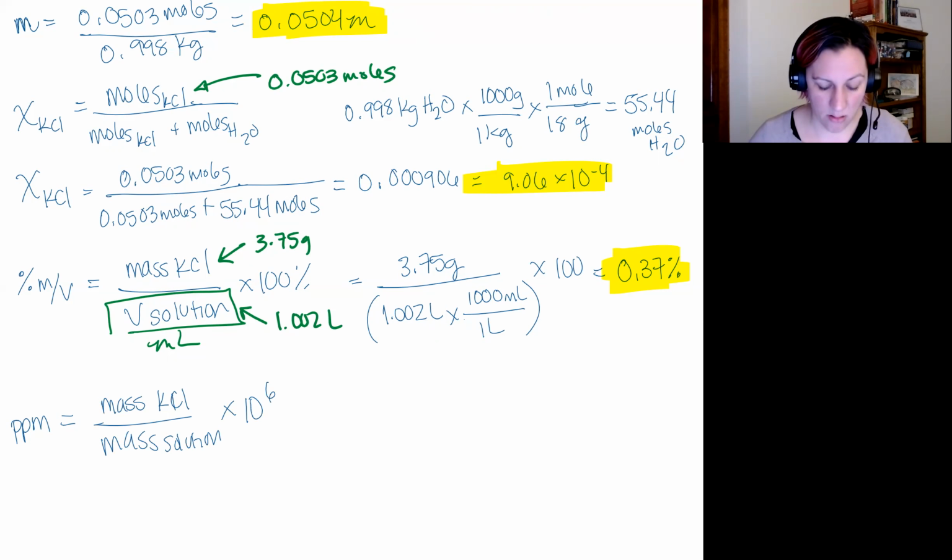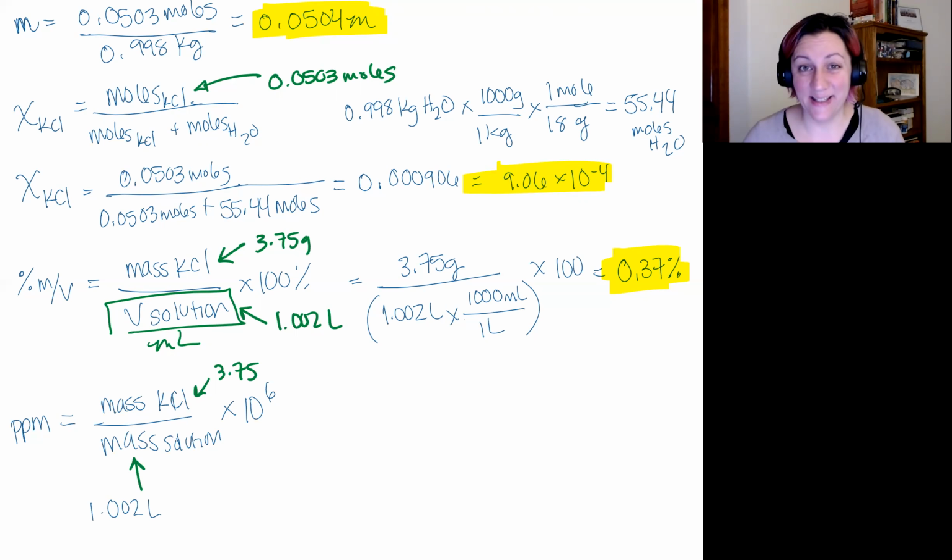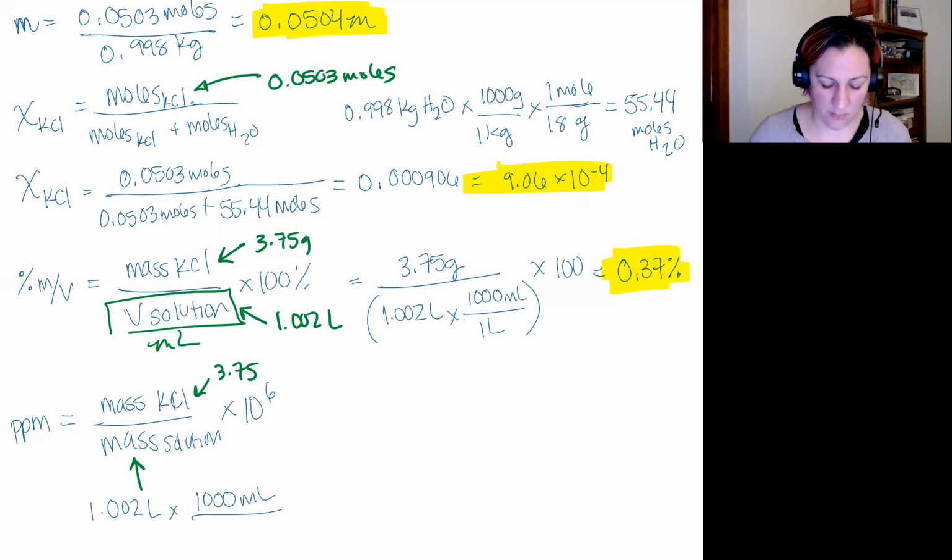So we know that the mass of potassium chloride is 3.75. So we need to figure out this mass of solution. I know that I have a 1.002 liter solution. I could use its density that's given to me to figure out this mass. So I'm going to convert this into milliliters since my density units are in grams per milliliter. So times 1,000 milliliters divided by 1 liter.